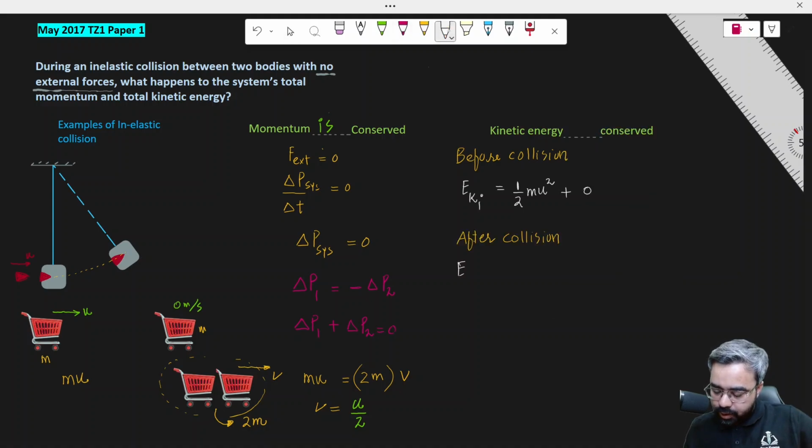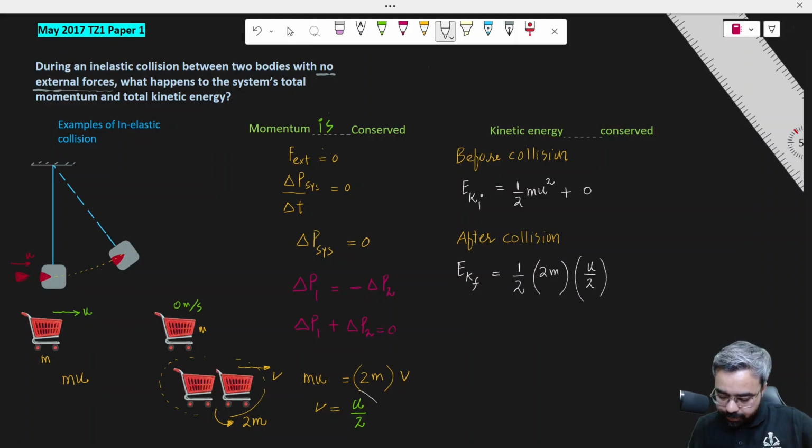If the kinetic energy is conserved, then the kinetic energy after the collision should be equal to this one. But you will see it is not, because after the collision the kinetic energy of the system is the sum of the masses, which is 2m, and the speed, which is u over 2.